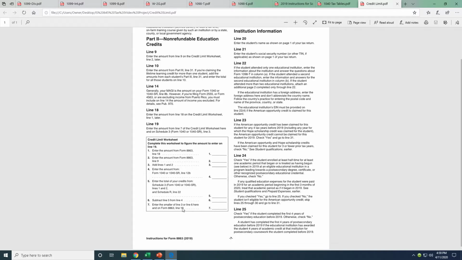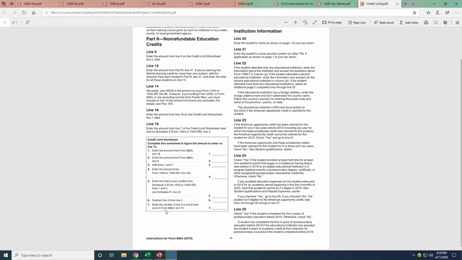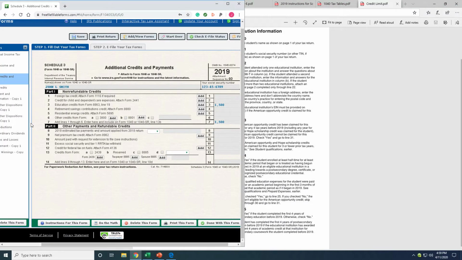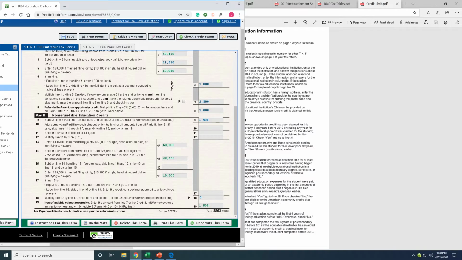And then we're going to enter the smaller of line 3 or line 6. So line 3 is 1,500, and line 6 is 4,021. So we enter the 1,500. So this, it actually tells you here. Here we'll go on for line 18. So let's go back to here. Line 18, the 1,000, or on line 19, the 1,500.